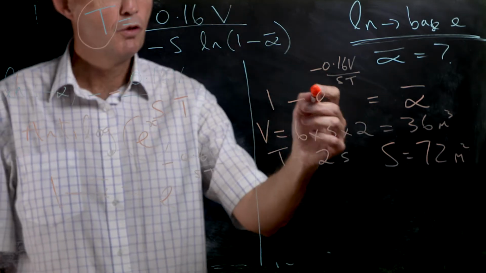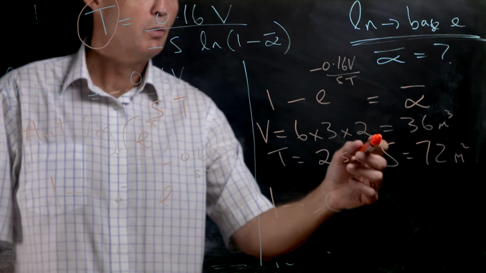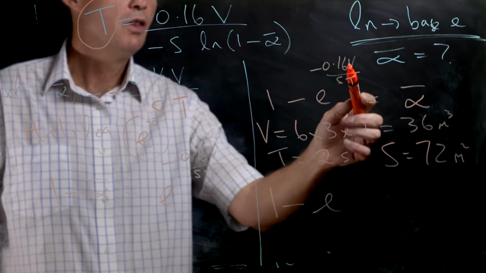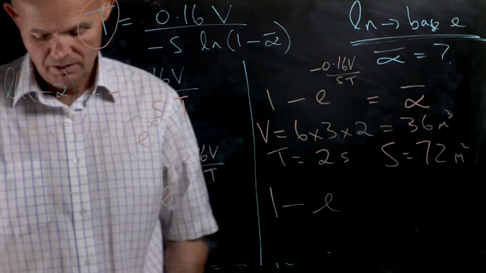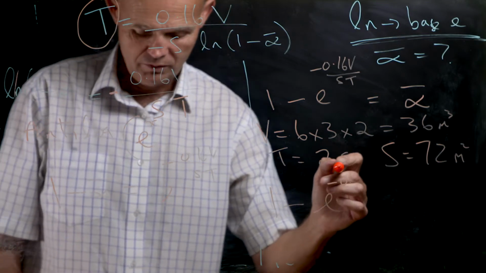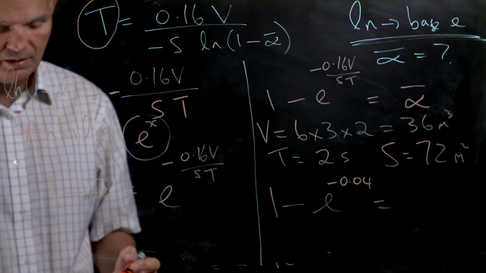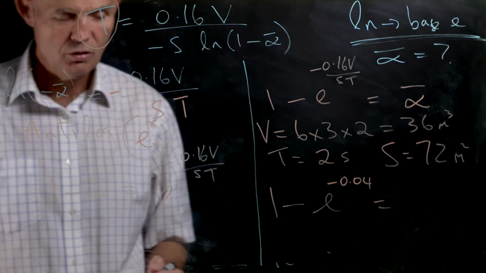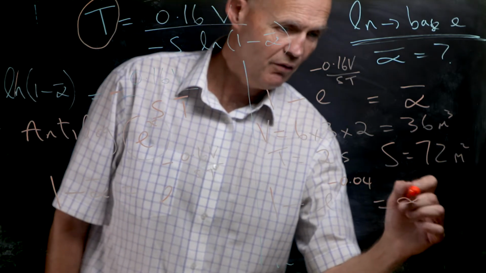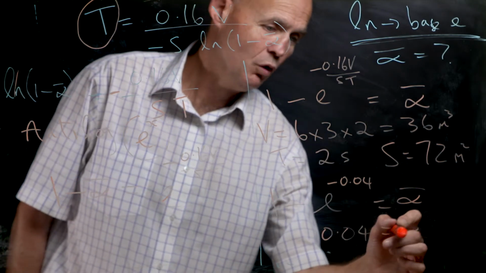So we can put those parameters in here: a value for S, which is 72, a value for T, which is 2, and the volume, which is 36. If we do all that, we end up with e to the minus of 0.04. If our maths is correct, remember we're working out the alpha here, I believe this works out uncannily to a figure of 0.04.